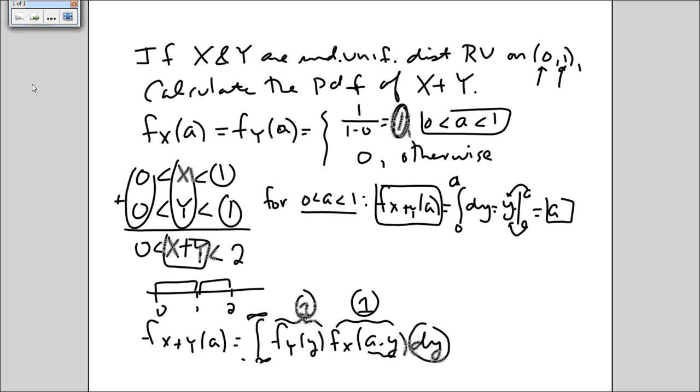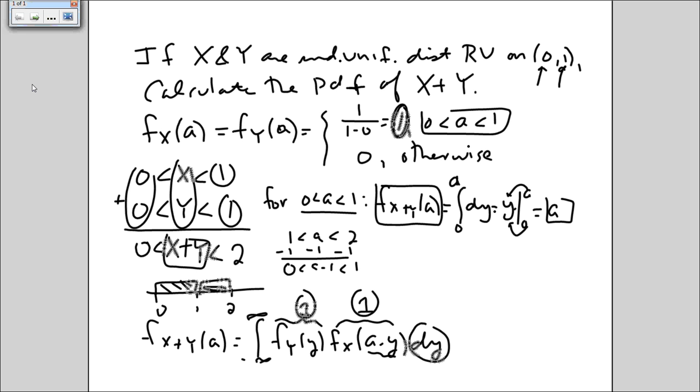Now, we dealt with 0 to 1, what if a is between 1 and 2? Okay. So, we take away 1 from all sides, and we get that a minus 1 in the middle is between 0 and 1.